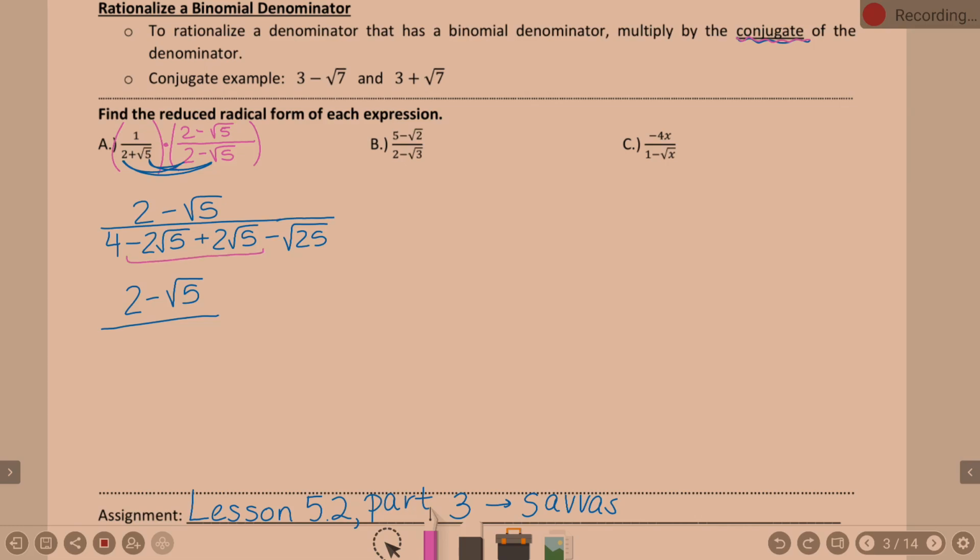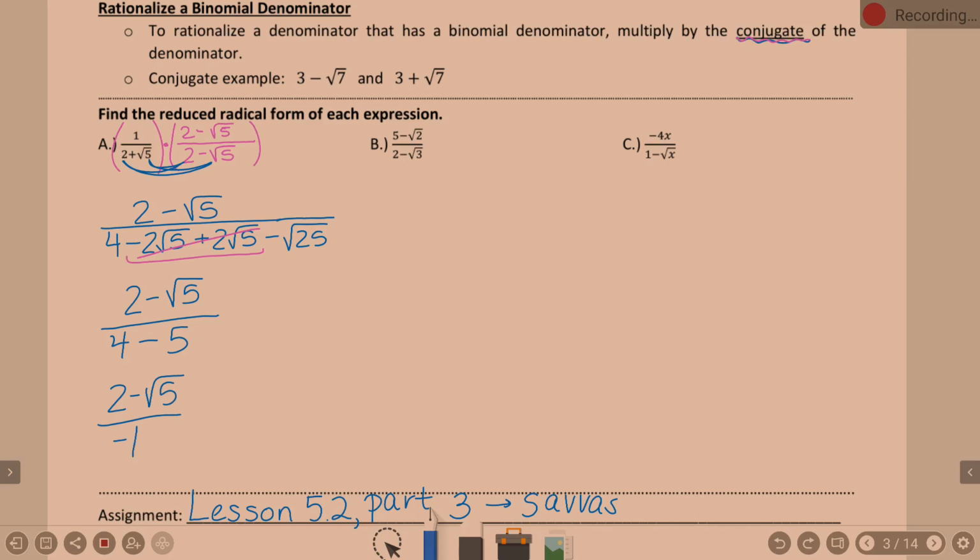Negative 2 square root of 5 plus 2 square root of 5 are going to cancel. So then I'm left with the 4 minus, what is square root of 25? It's a 5 if you haven't already written it down. Almost there. 2 minus square root of 5 over, what is 4 minus 5? Negative 1.